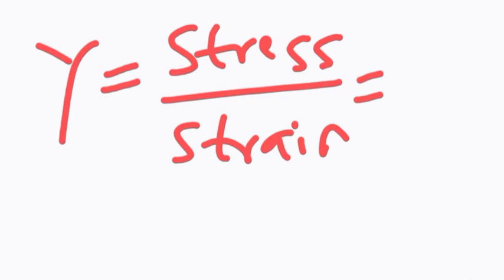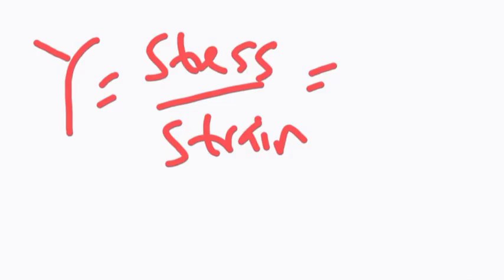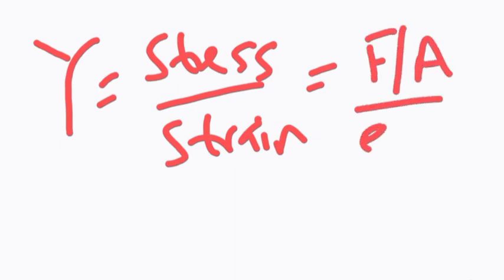Now we are looking at the modulus of elasticity as the ratio of stress to strain. What is stress? Stress is force over area, and strain is extension over the original length.